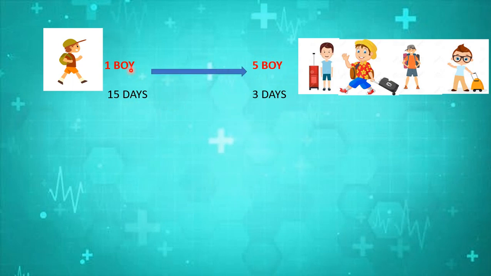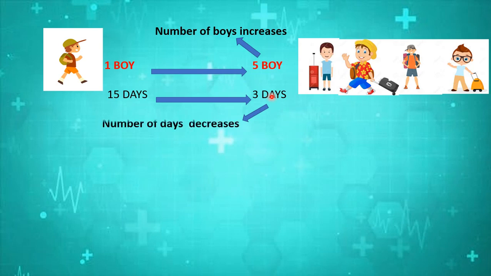Here the number of boys goes from 1 to 5, so the number of boys increases. Similarly, for the number of days, 15 days becomes now 3 days. So here we can say the number of days decreases.